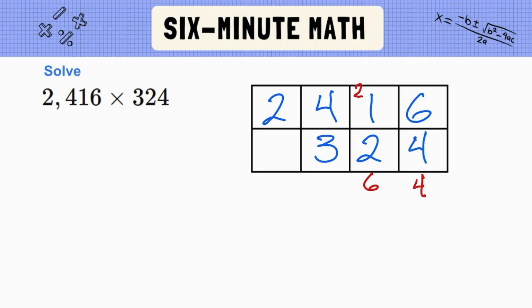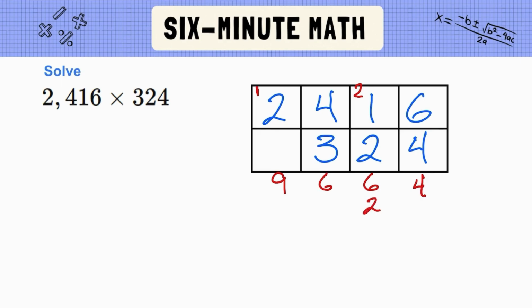4 times 4 is 16. So I drop that 6, carry a 1. And then 4 times 2 is 8, plus the 1 is 9. On to the bottom tens position, the 2. We have 2 times 6 is 12.